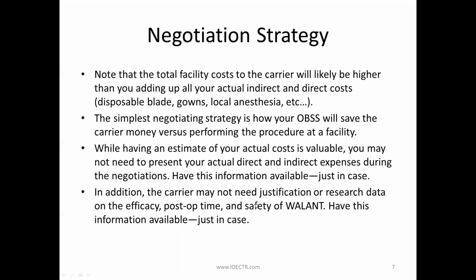Also, the carrier may not need justification or research data in regard to the efficacy, the post-op time, and the safety of the procedure called WALANT, which is wide awake local anesthesia, no tourniquet, which is why most doctors want to perform these procedures in the office. They don't require general anesthesia or an anesthesiologist. Once again, it's better for the patient, it's quicker, and it's less money for the insurance company and the patient.